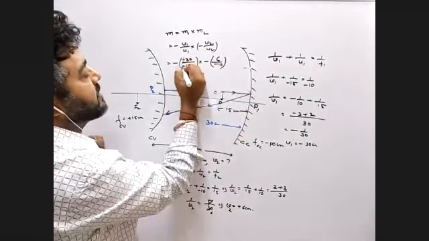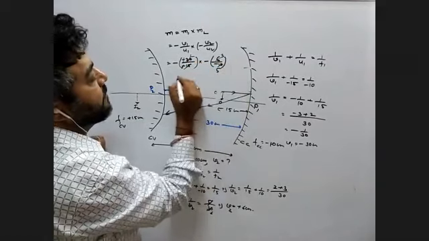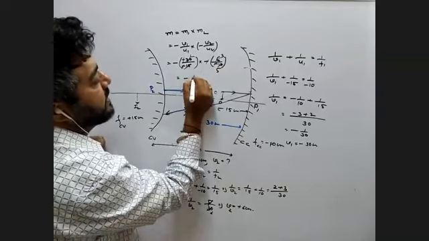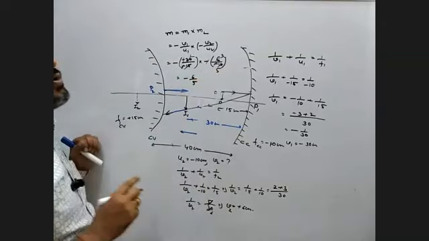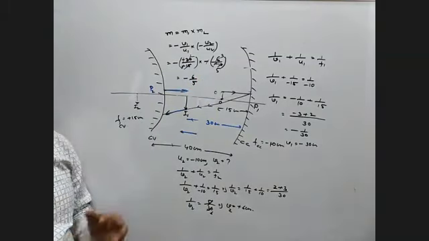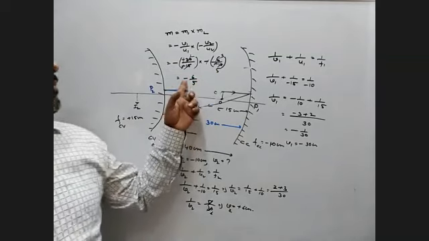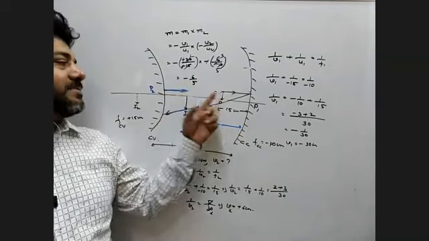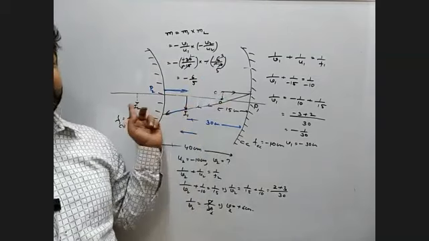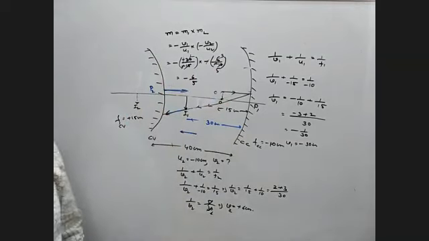So minus minus cancel, 2, this is 3, this is 5. So overall minus 6 by 5. As the magnification is greater than 1, overall the image is magnified. As you have minus, overall the image is inverted. First time it's inverted, then it is erect. So overall it is inverted, and as it is inside the mirror, it is virtual.